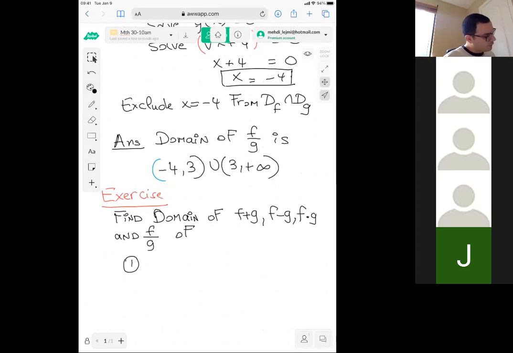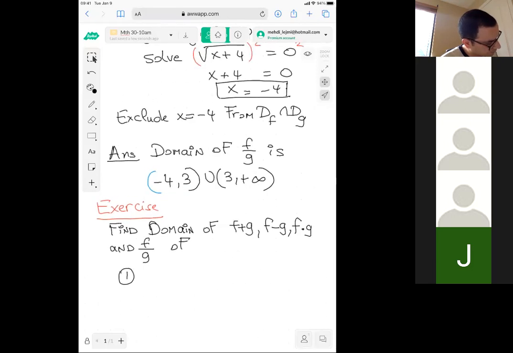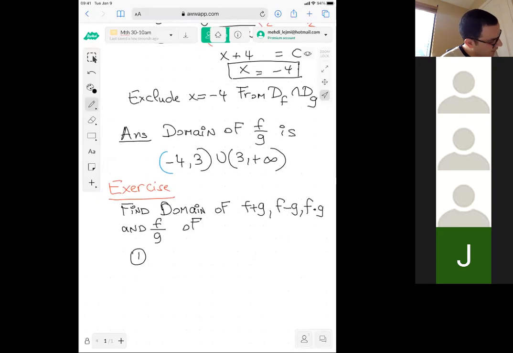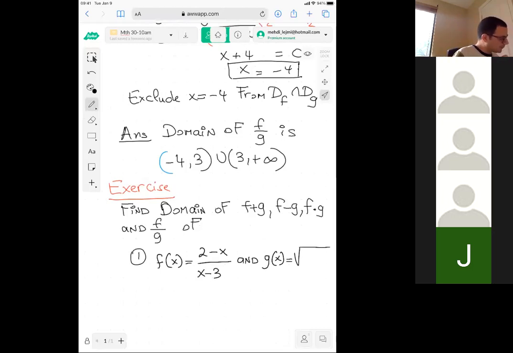The first one: f of x equals 2 minus x over x minus 3, and g of x is the square root of x plus 5.